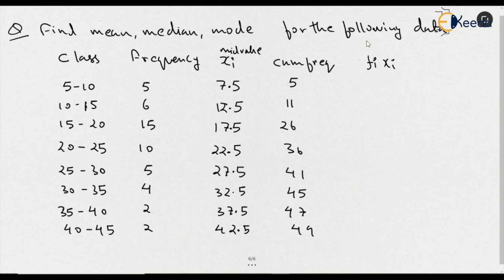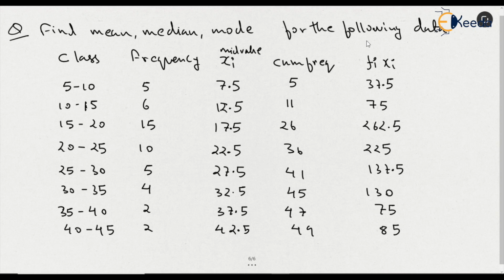So the values are 5 into 7.5 will be 37.5, 6 into 12.5 is 75, 262.5, 10 into 22.5 is 225, 137.5, 130, 75 and 85. Right?